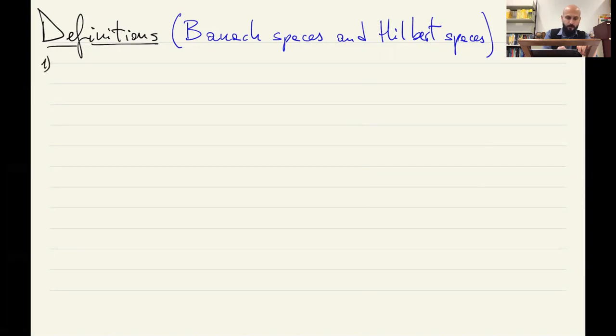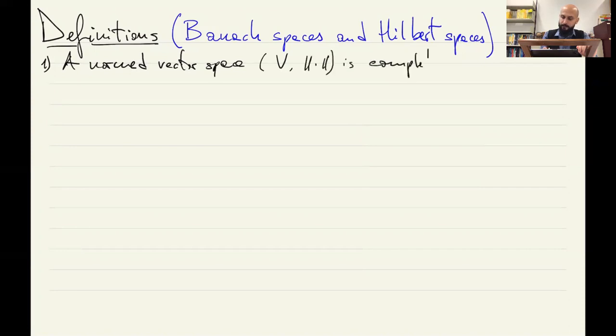A normed vector space, let's call it V with norm, is complete if it is complete as a metric space.